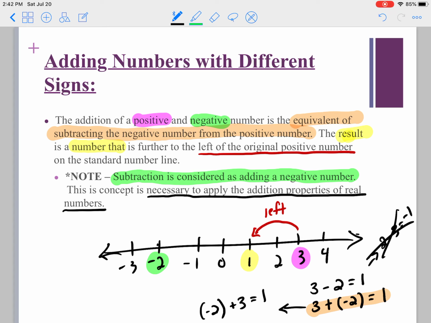So if we learn that subtraction is really adding a negative number, we can then convert to using the properties of real numbers when we simplify expressions and solve equations, because we are adding.